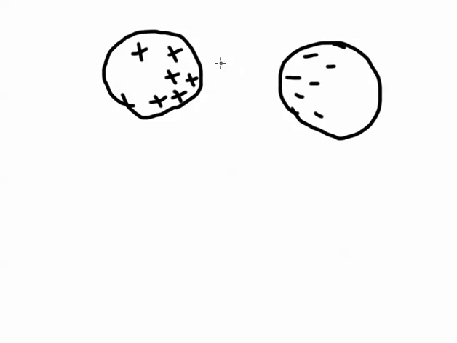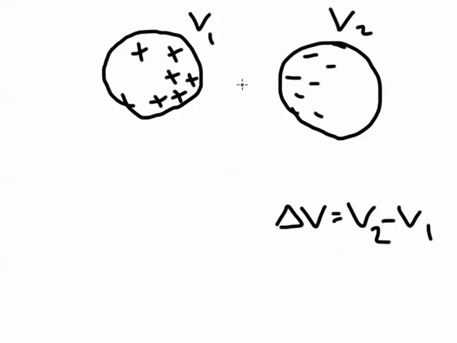In that case, we know that these spheres are conductors, and so they are equipotential surfaces, meaning that every point on this conductor has the same potential. There is one potential on this conductor, we'll call it V1, and on this conductor, there's another potential, V2. And there's a potential difference, delta V equals V2 minus V1. And there's also an electric field, just like always.